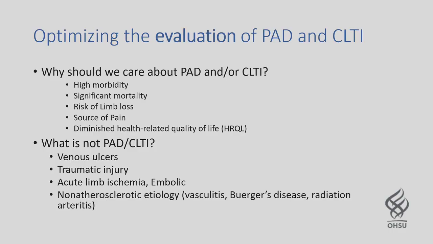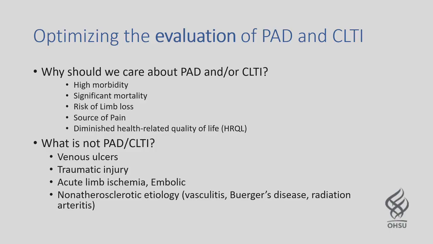So significant difference when we're talking about just a patient with PAD or a patient with PAD and CLTI. As with painful ulcers or rest pain, this can be a source of pain and thus diminished health-related quality of life.